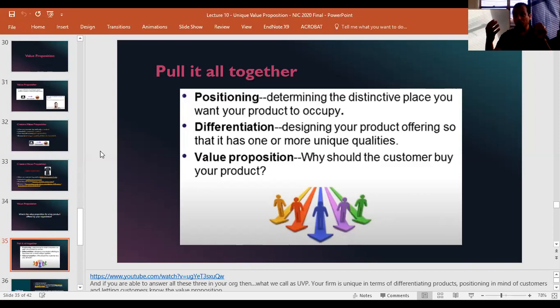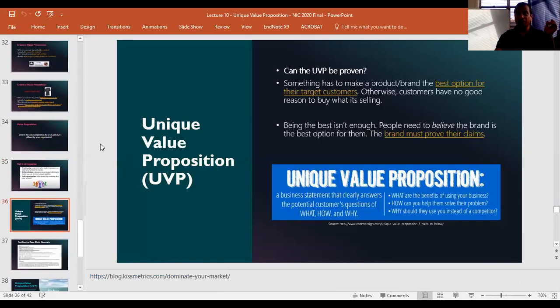The unique value proposition does contain good positioning, good differentiation, and a good value proposition statement. In short it is UVP, unique value proposition. So it gives the answer of all three.